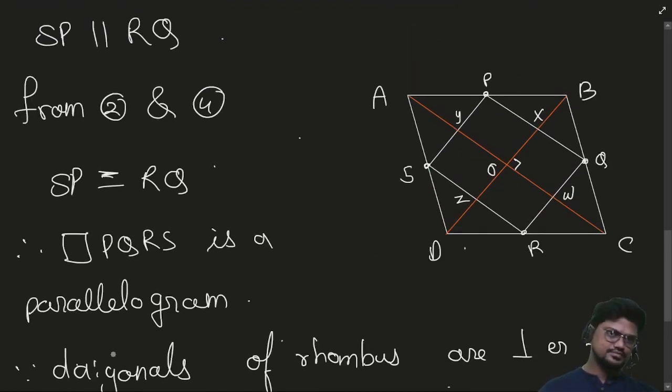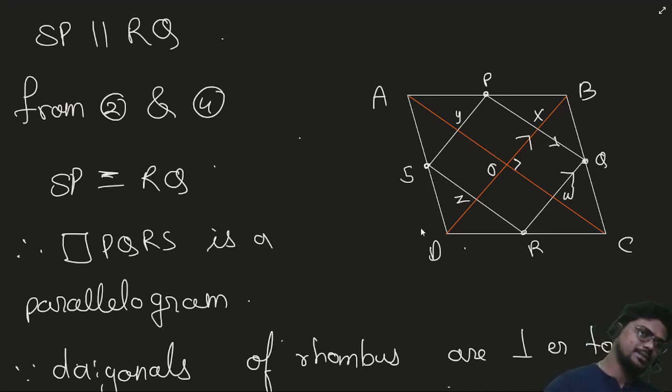Right? Over here, this line is parallel to this line. This line will also be parallel to this line similarly. So the quadrilateral XOWQ will be a parallelogram.